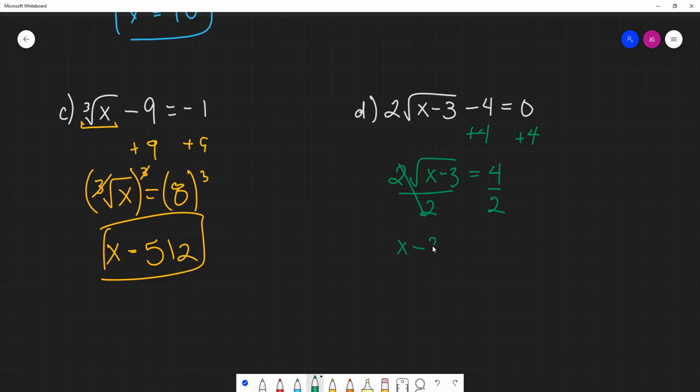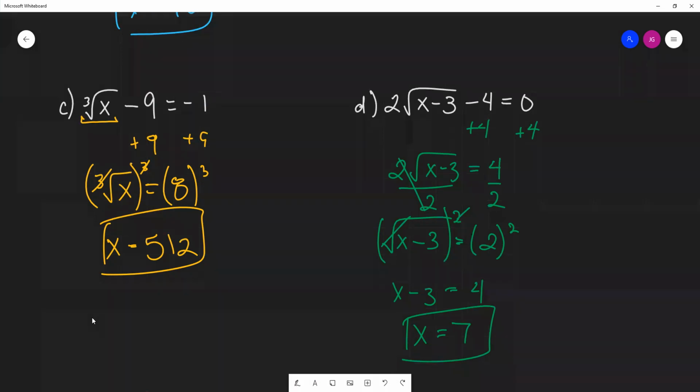That's going to be square root of x minus 3 is equal to 2. Maybe something you're tempted to do is distribute this 2 in here. We can't do that because of the square root, right? So make sure you don't do that. And then now here we can square both sides. So I get x minus 3, because those will undo each other, is equal to 4. Add the 3 over, I get x is equal to 7. Very nice.